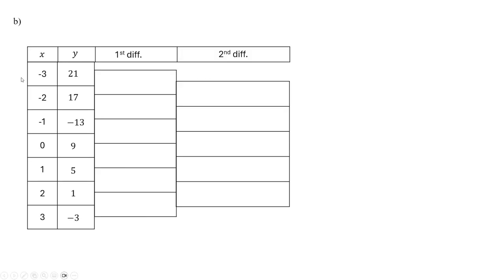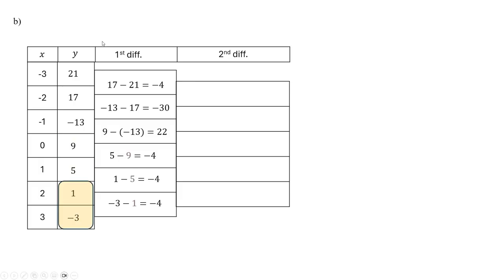Next question here, we have our xy values for a whole bunch of coordinates. We're interested in what is the difference in the y values as we move from one coordinate to the next. 17 minus 21, -4. Next one, -30. Difference is 22, and so on, and so on. All these first differences are not the same, so we know we don't have a linear equation.